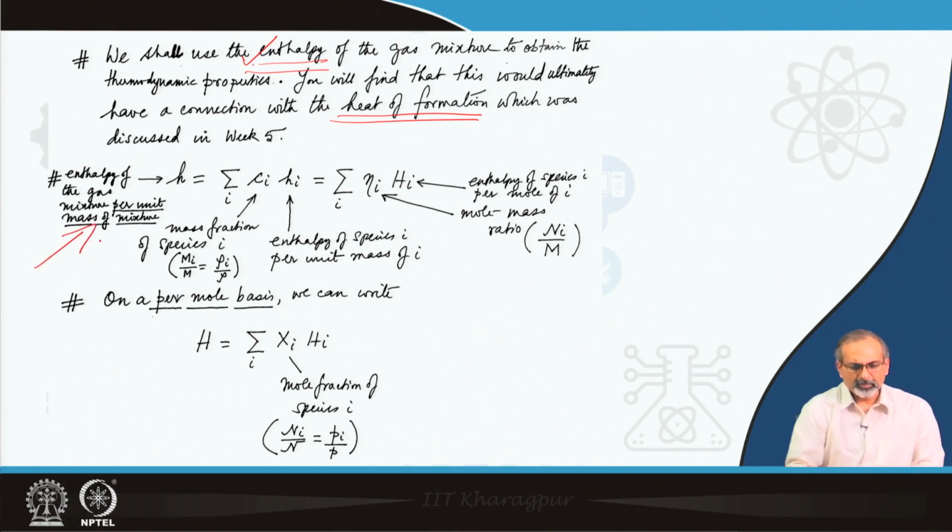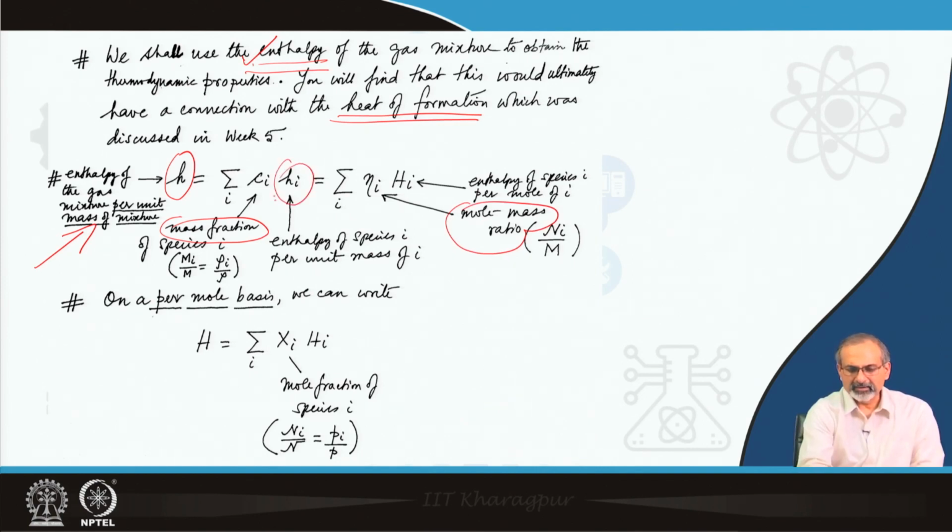If you go on a per unit mass basis of the mixture, then you can write down the enthalpy of the gas mixture in this manner, either in terms of the mass fraction of the species, or you can go by the mole mass ratio.